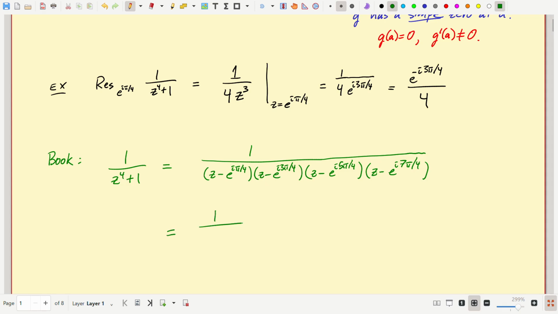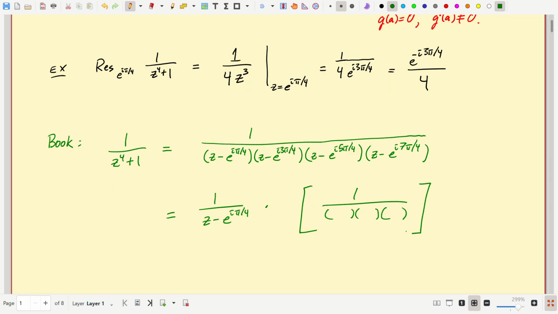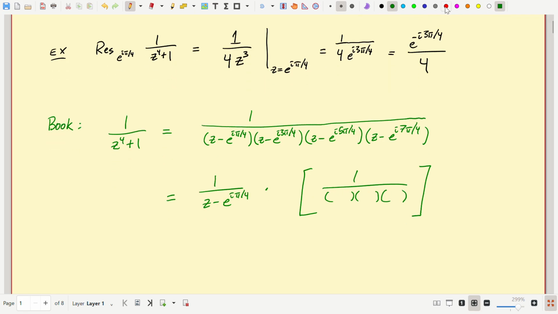Well, then I factor out that root and realize that what I have left is analytic near that spot. So there are going to be 3 other roots here: 1, 2, 3. And the thing in the square brackets is analytic near e to the i pi over 4 and non-zero.